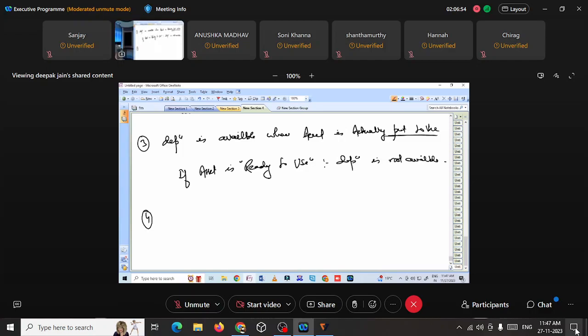Fourth, in case of WDV, depreciation is available on block of asset, not on individual asset.